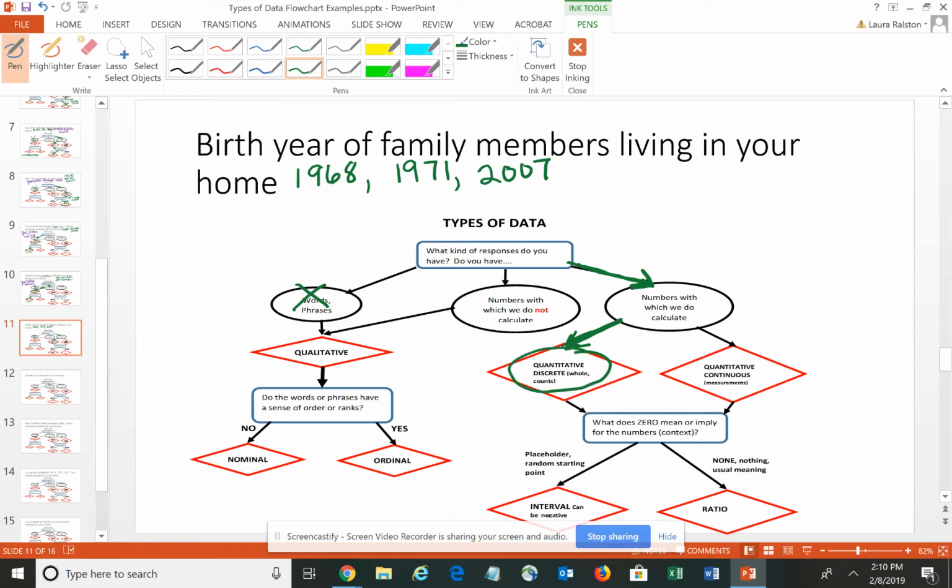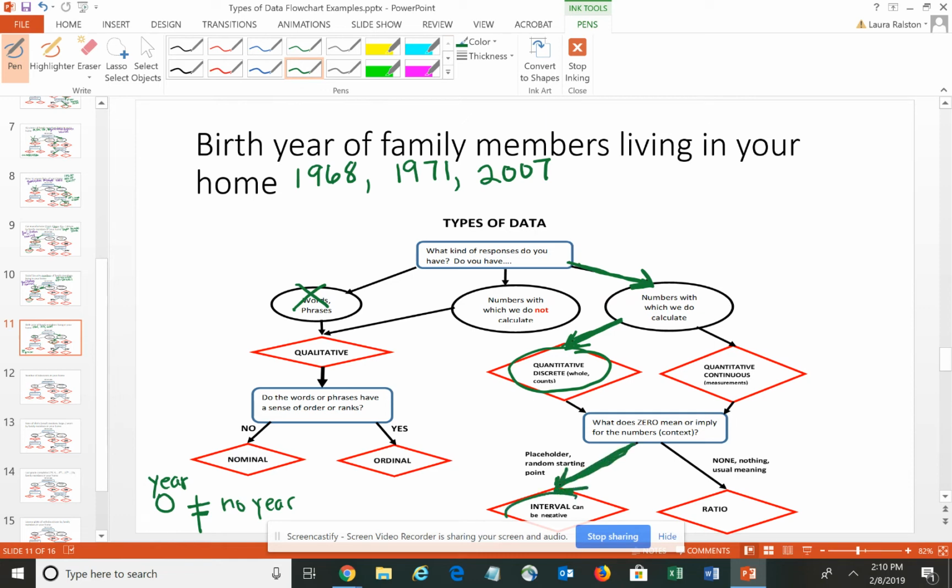And then again, you've got to think about what 0 means. Think about what it would mean to say, I was born in year 0. Okay, year 0 does not in any way mean there was no year, or that nothing happened. It's just the place where at some point humanity started counting and marking off the years.